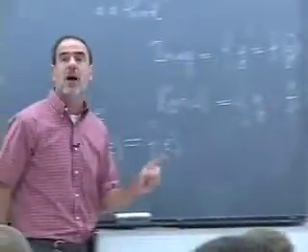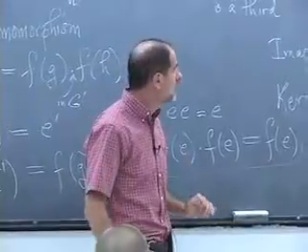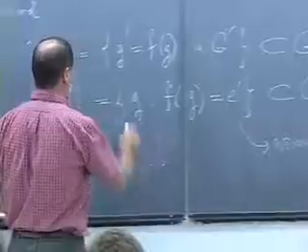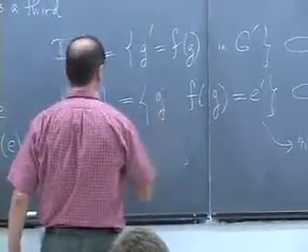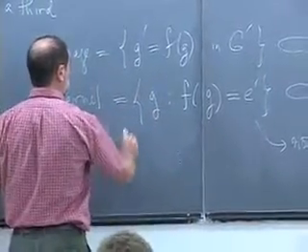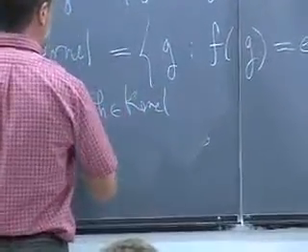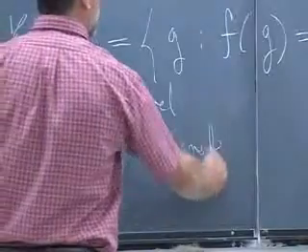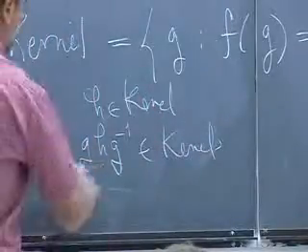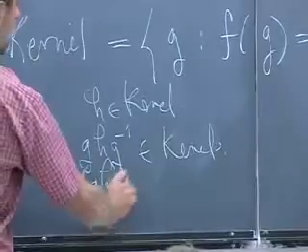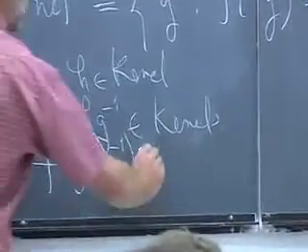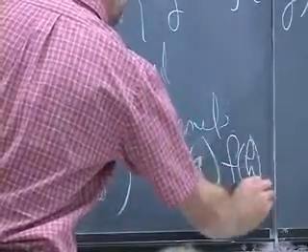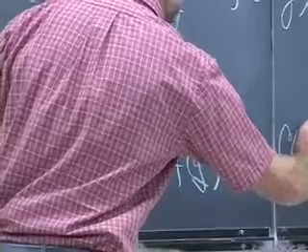It was first noted by Galois, who I told you developed group theory. So let's check that the kernel is a normal subgroup. It's easy. If we have an element g, and h is in the kernel, we have to check that ghg inverse is also in the kernel. So we apply f to it. f of ghg inverse, using the homomorphism property, is f of g, f of h, f of g inverse.